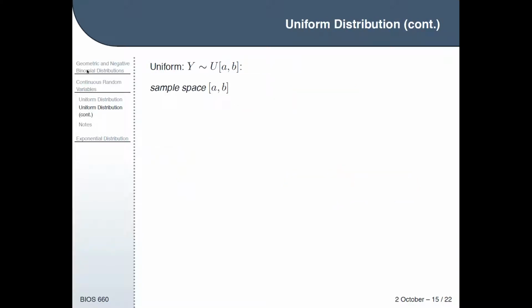You can generalize this to a uniform distribution on a to b. The sample space obviously goes from a to b, and it's equally likely to be any number between a and b. The PDF is going to be 1 over b minus a for y in that interval, 0 elsewhere.